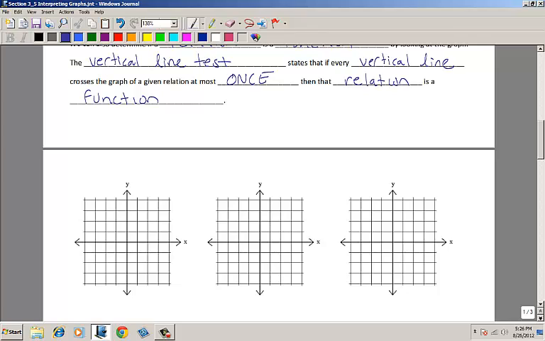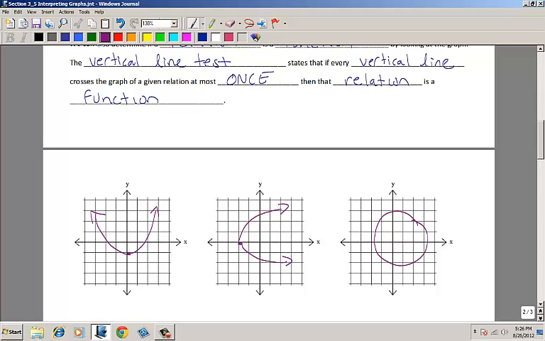So let's graph 3 different examples here. Here's one, 2, and then 3.